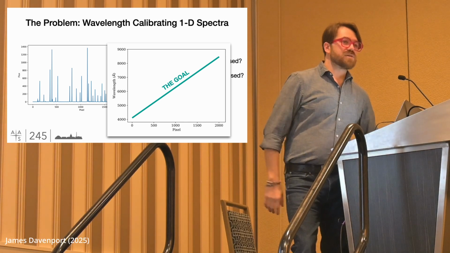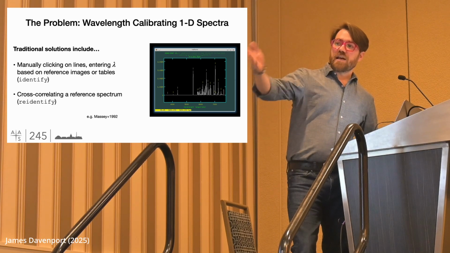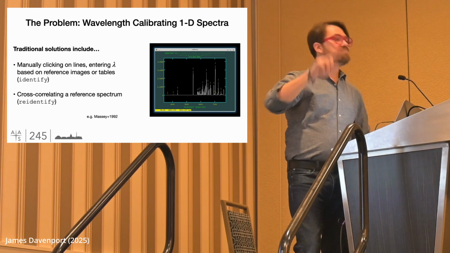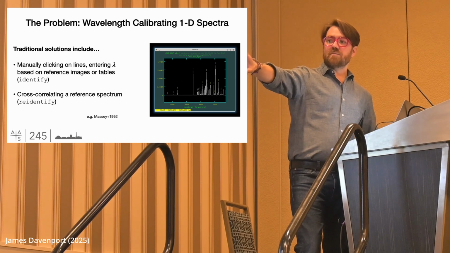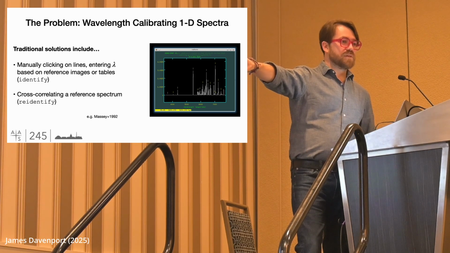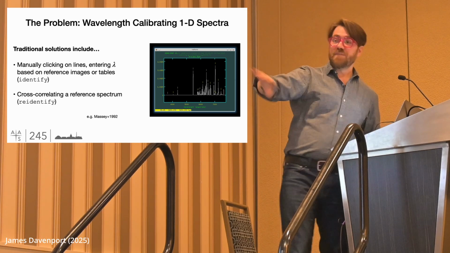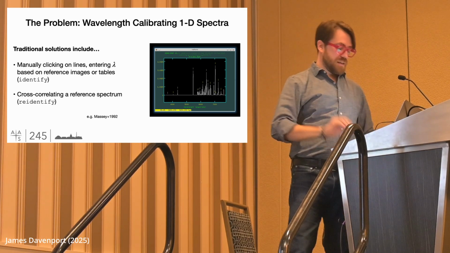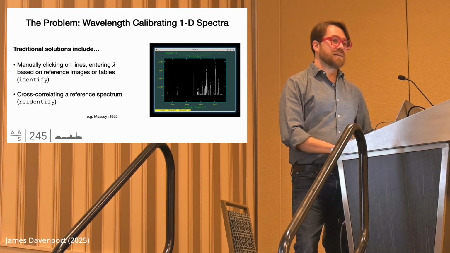So again, the manual solution that I think many of us grew up doing or are familiar with is looking at these lines and clicking on them using some GUI, some interactive interface. This is the most well-tested, and I would argue, best interface that has ever been developed, IRAF. Nobody has beat it yet. For all of its problems, it is a very, very robust software suite that has solved this problem since the 90s.